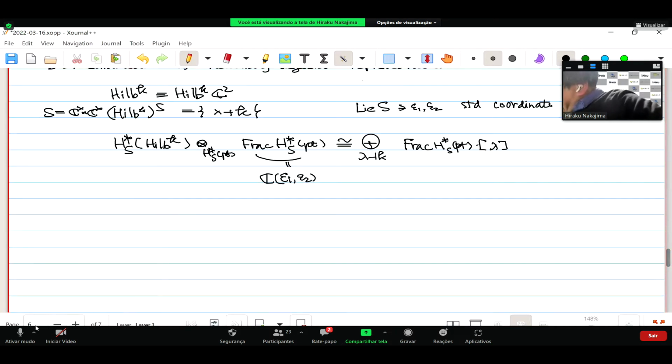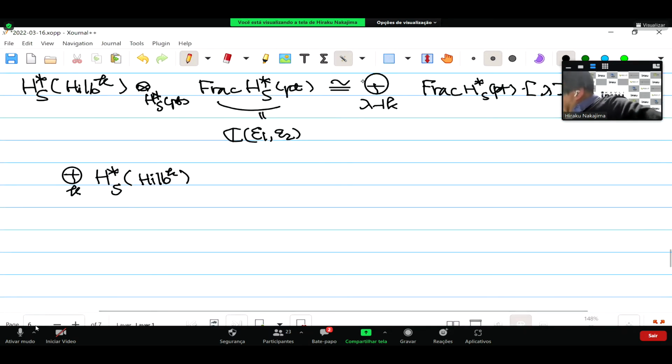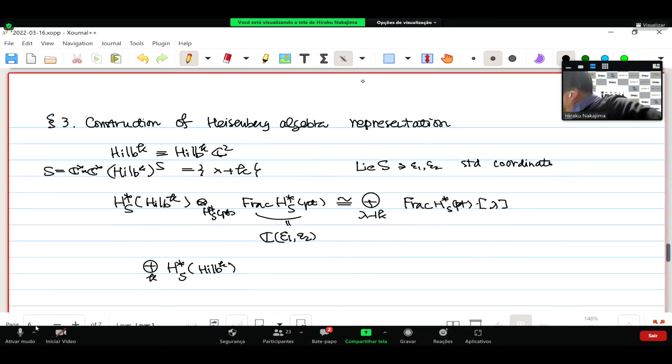I take the direct sum over all partitions k. I hope most of you know that partitions appear in many places in representation theory.